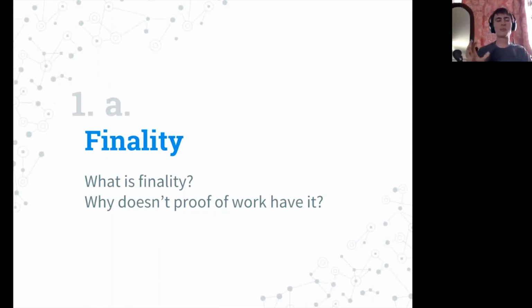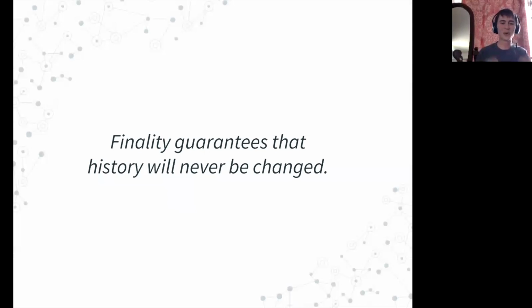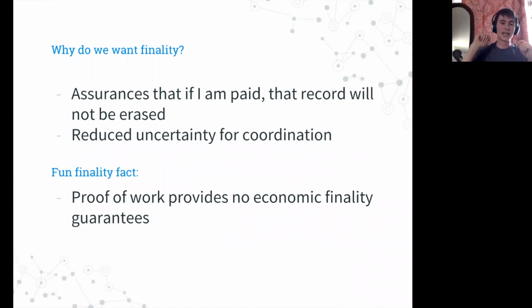First, before we get into that, let's talk about finality, and why proof of work does not have finality. Finality guarantees that history will never be changed. Essentially, it assures that if I'm paid $100, then in the future there won't be some kind of chain reorg, which means that the history is different and I was never given that $100.